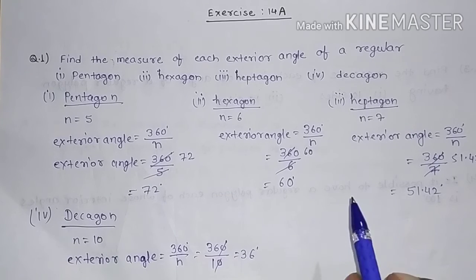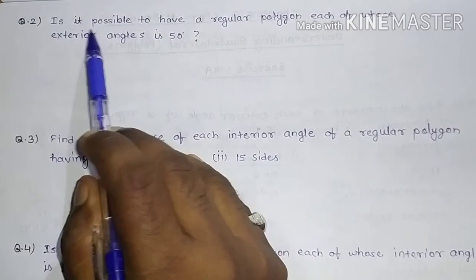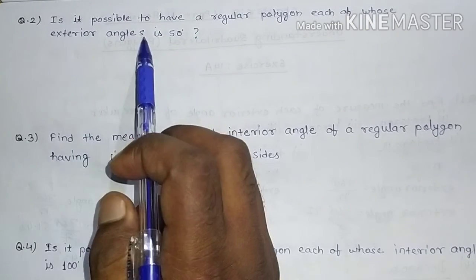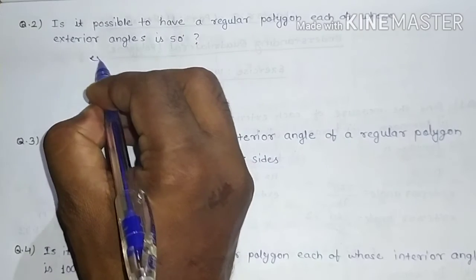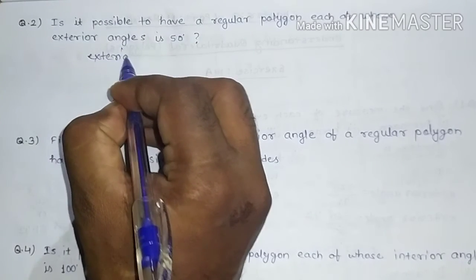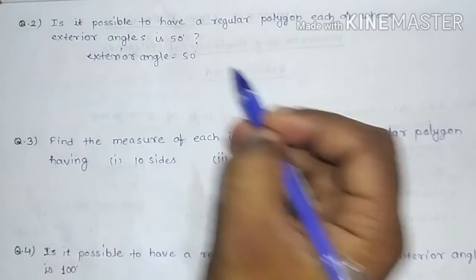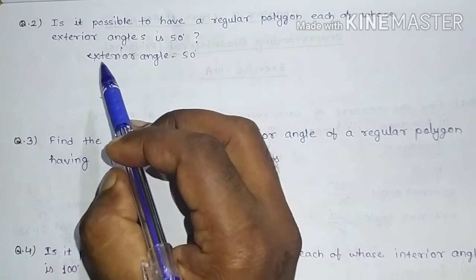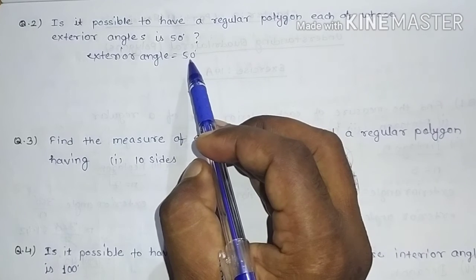Now it's very simple. Now question number 2: is it possible to have a regular polygon each of whose exterior angles is 50 degrees? Here the exterior angle of the polygon is given, and it is 50 degrees. Now we have to find whether it is possible for each exterior angle to become 50 degrees.